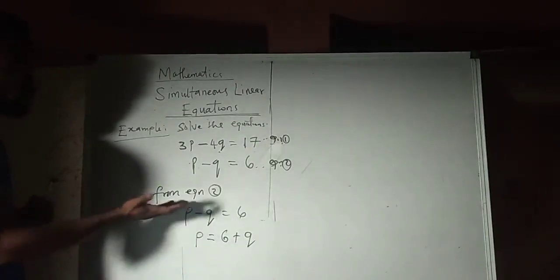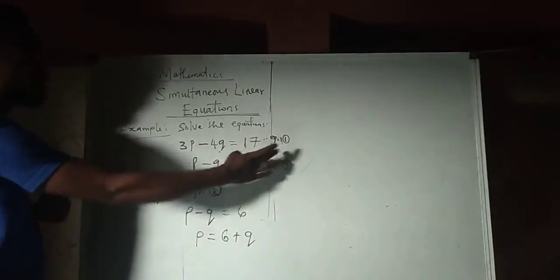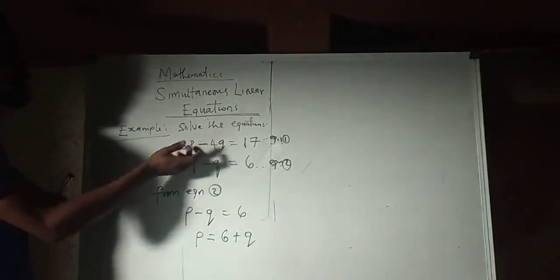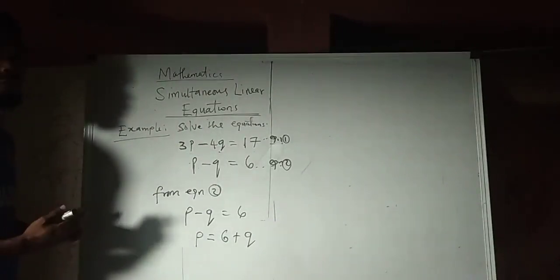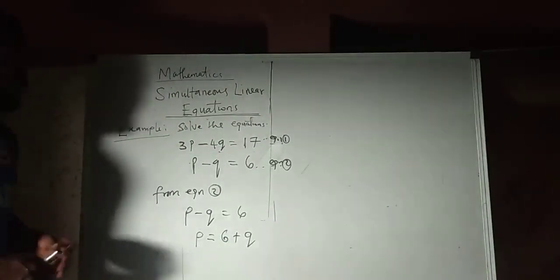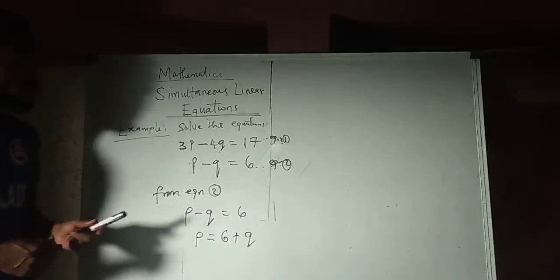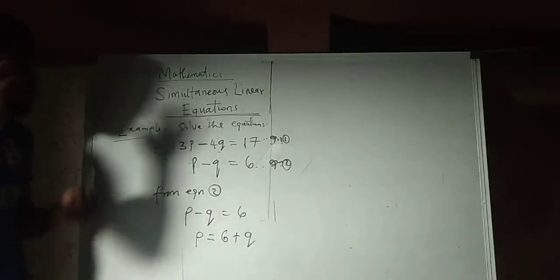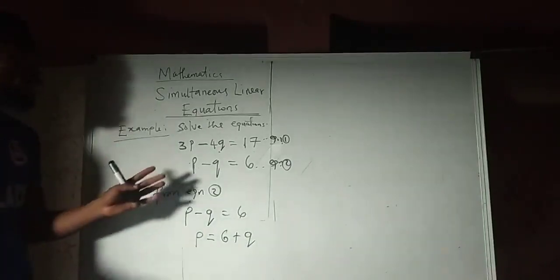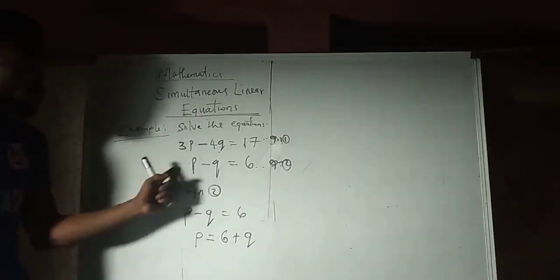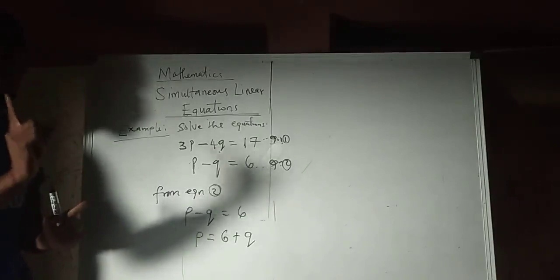Now, from what I have done, somebody might ask, why did I not use equation 1 to make any of the variables the subject of the formula? Now, this is something you must know. It is often better to use the equations with coefficient of 1.